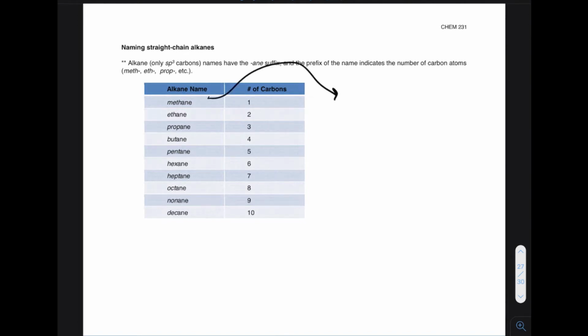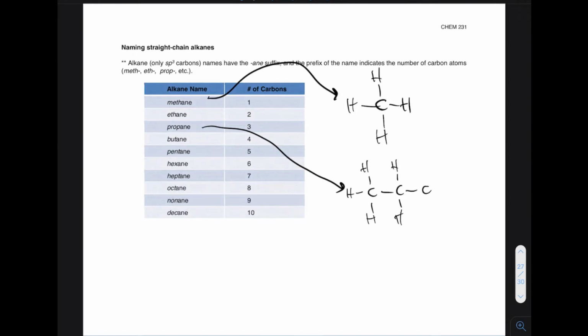So for example here, methane, just drawing out the Lewis structure, not worrying about 3D space, just 1 carbon. Propane, we have 3 carbons. I'll talk about this again early in the next chapter, but it's good to familiarize yourself with it now.